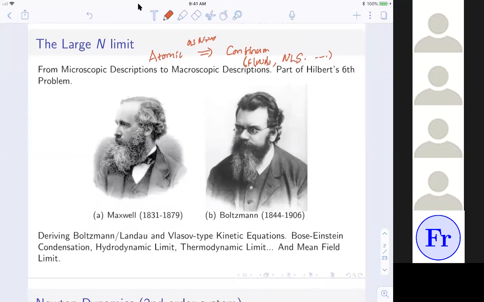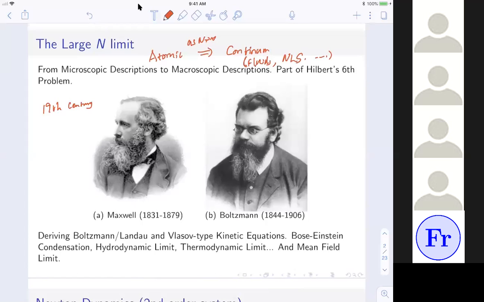The very first idea is actually due to these two people, Maxwell and Boltzmann, in the 19th century. At that time, the atomic point of view of matter was not very popular. So it's actually a very big idea.